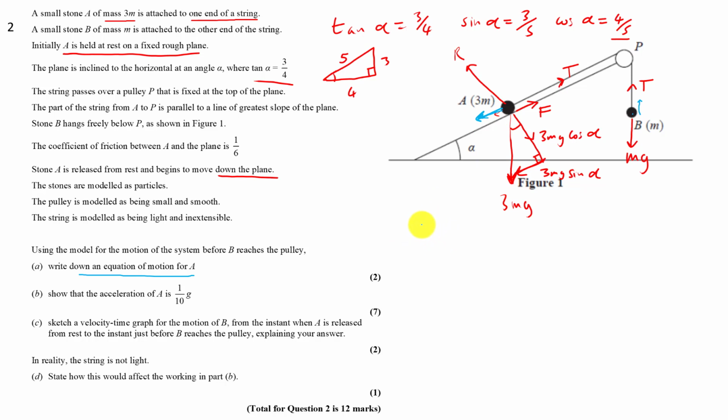Now what do we know? We know F equals ma. So resolving, I'm going to say parallel. We can see, what do we have going this way? We have 3mg sine alpha.